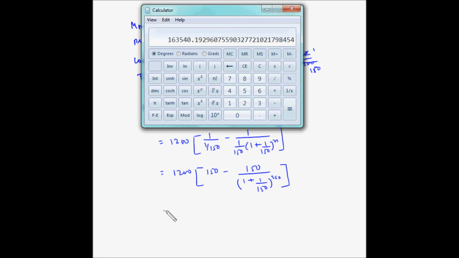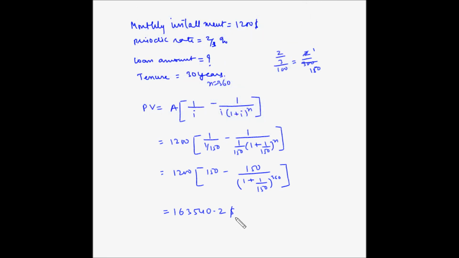So this becomes $163,540.2. So basically, if the Jackson family can afford a monthly installment of $1,200 instead of $917.21, then they can avail a loan of $163,540.2 instead of $125,000.